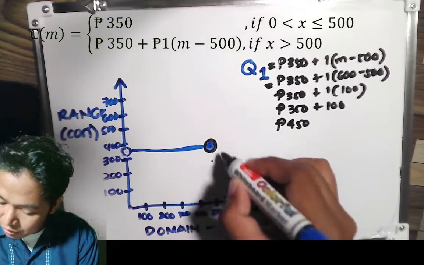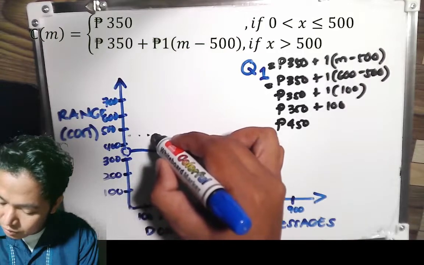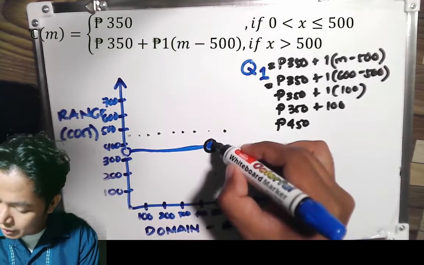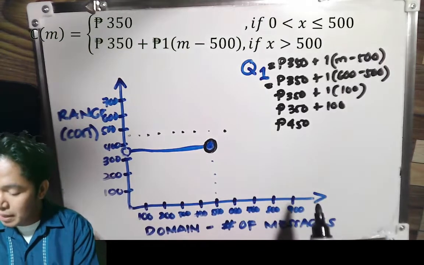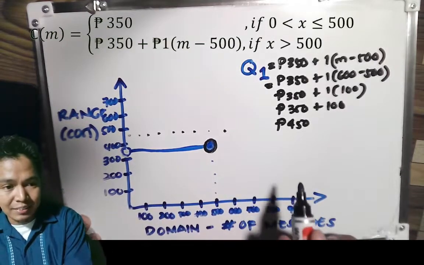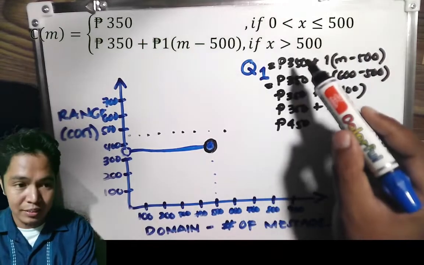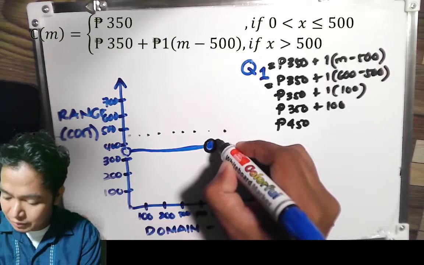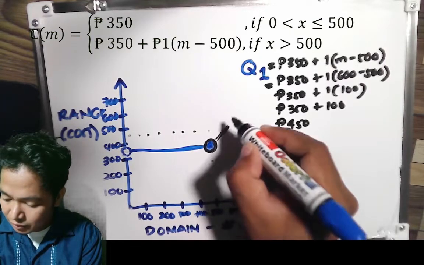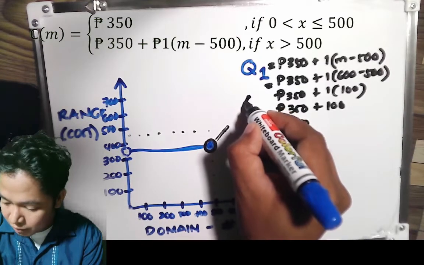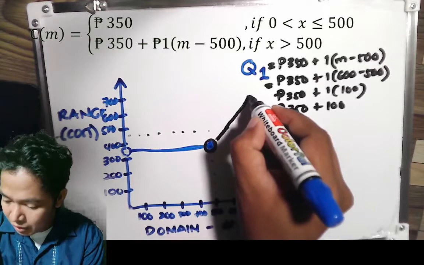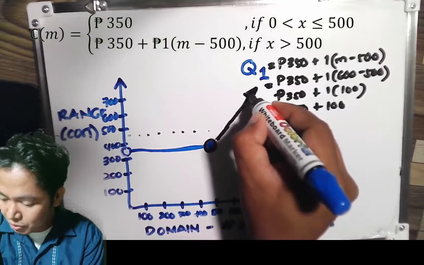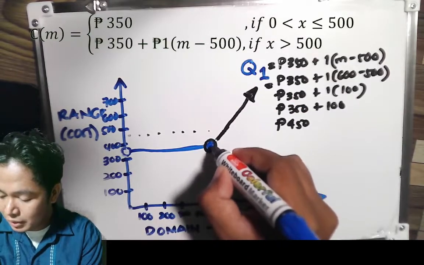So, nandito na yan. Kalahati. So, nandito, somewhere. Mula dyan, hanggang dito. Tapos, since exceeding na siya, kasi nga, greater than 500, papunta na yan sa taas. May arrow na. So, open dot siya, tapos pupunta sa taas.